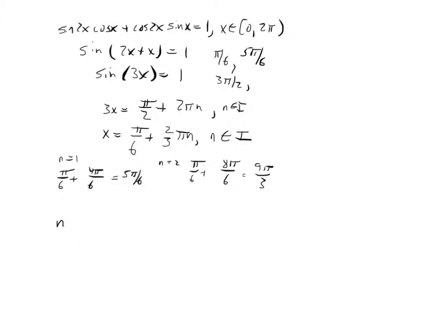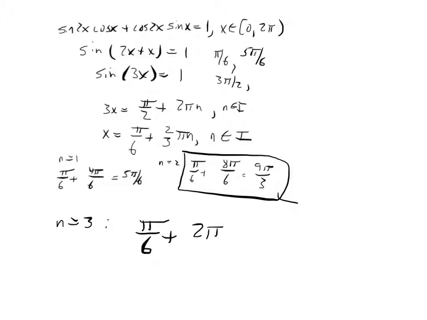And finally, what happens for n equals 3? For n equals 3, I get pi over 6 plus 2 pi. And note that 2 pi plus pi over 6 is going to be bigger than 2 pi. So my three solutions then are right here. If I want to simplify those a little, I get pi over 6.